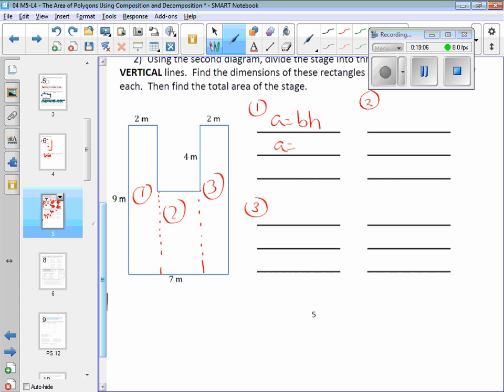Which makes what? Okay, ready? I'm going to cheat. I'll allow you to do it. If you know that those two shapes are identical, then just recopy it. And I'm fine with that. 2 is a unique shape, though. And guess what? You have to figure out both base and height, because they give you nothing.